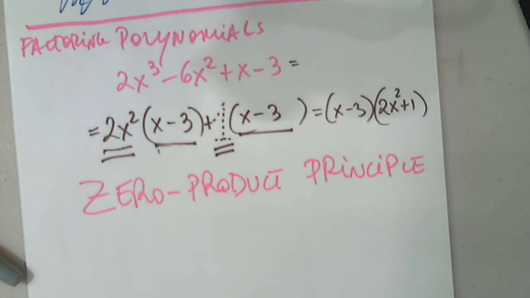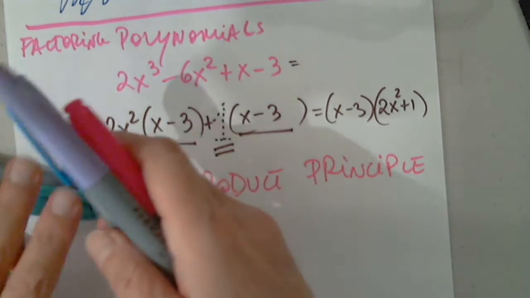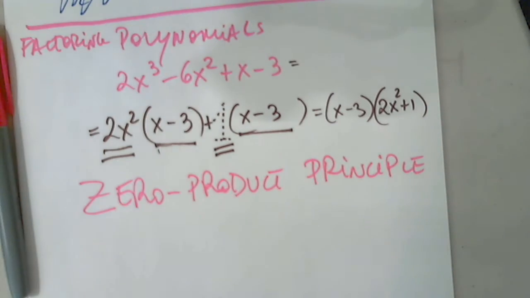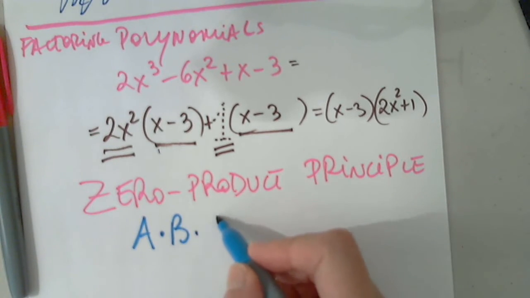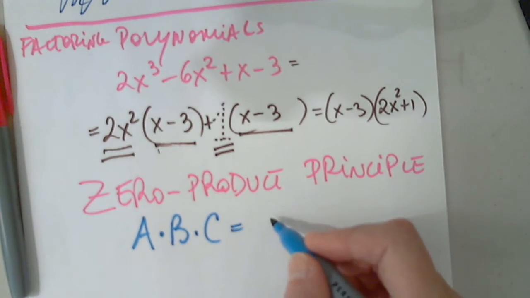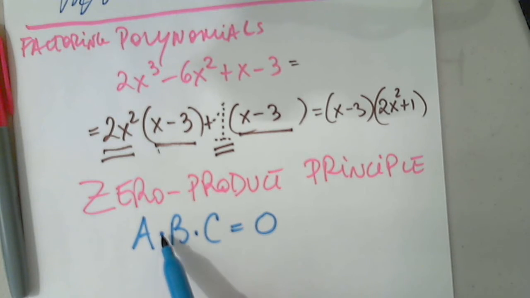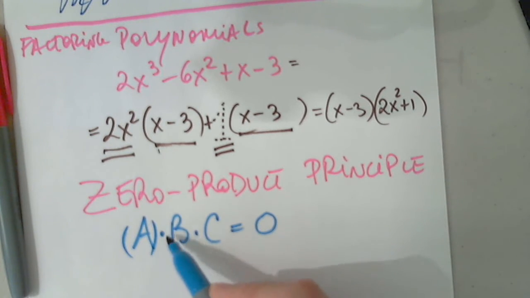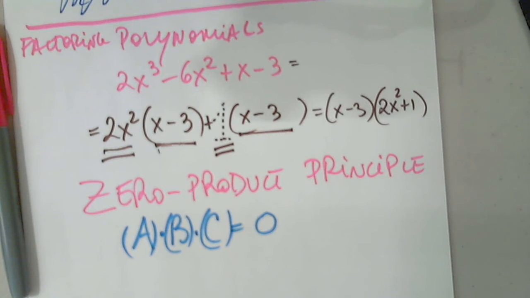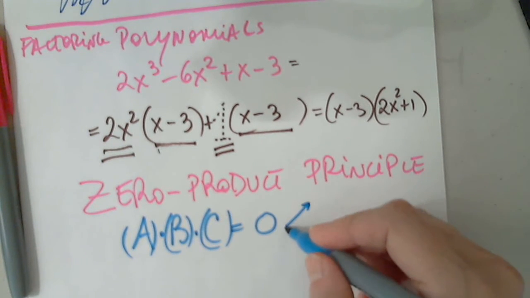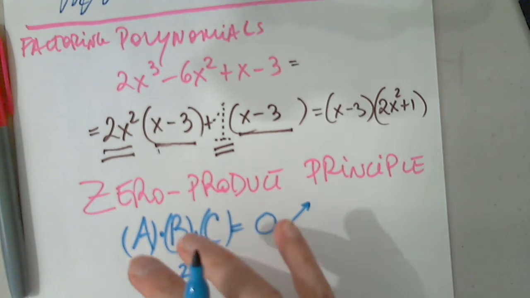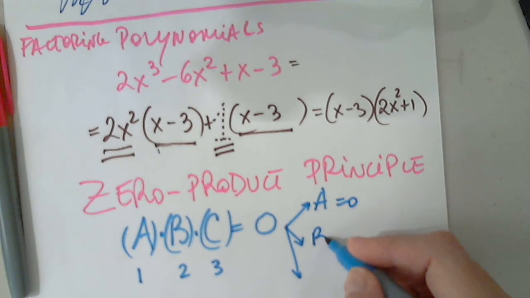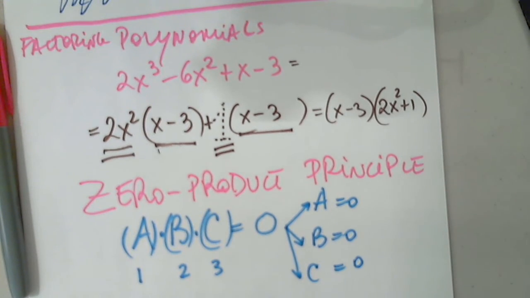So it means that if we have a product of any factors, a factor, another factor, as many as you want, set equal to 0. So there is no addition or subtraction. This is one factor, a second factor, a third factor. Then there are 3 possibilities because there are 3 factors. 1, 2, 3 factors. Either the first one to be 0, or the second one to be 0, or the third one to be 0. And this is the principle.